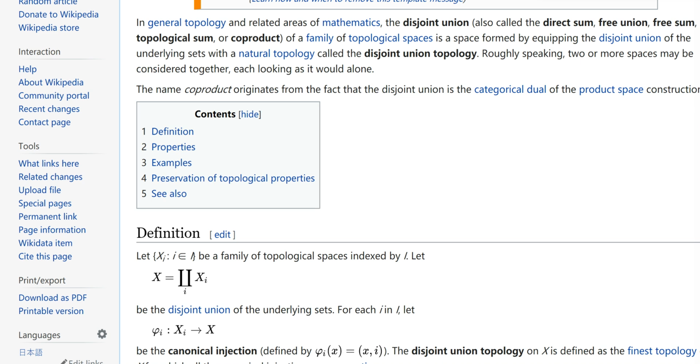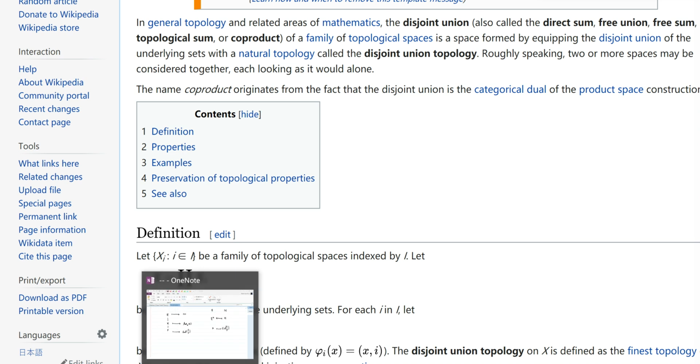Which means that in the category, product and coproduct, as we know, they are an adjoint pair, right? So what should we write?